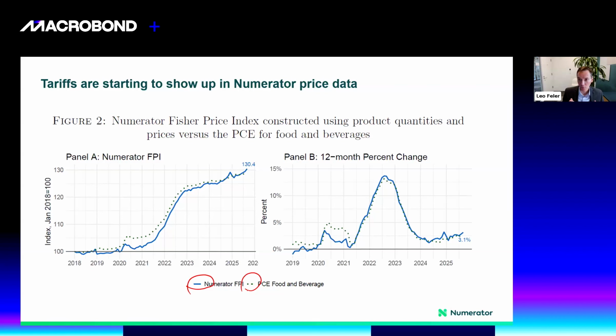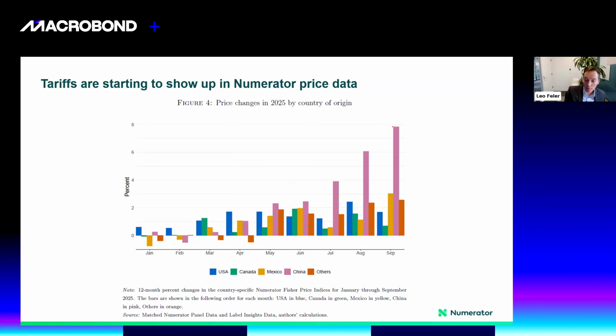And we are able to see that for products coming in from China, their prices as of September are about 8% higher than they were a year ago. This is where the tariff impact is coming in, right? Products from Mexico are about 3% more expensive than a year ago, versus products made in the USA, which are about 1.8% more expensive than they were a year ago, right?